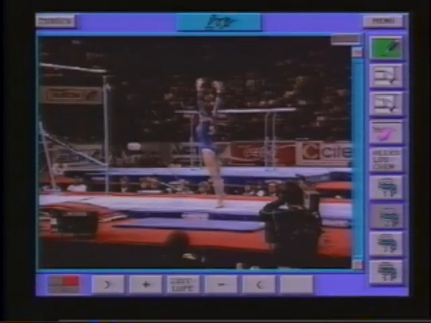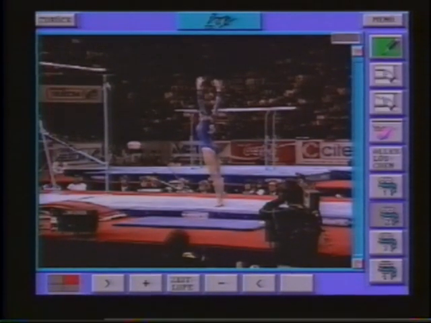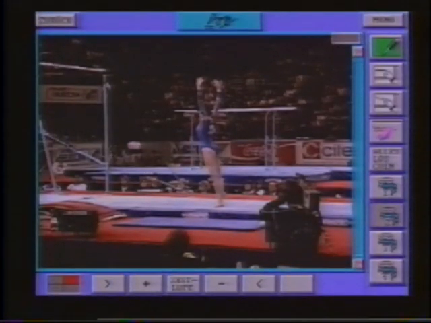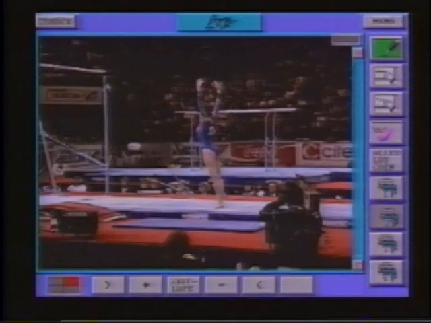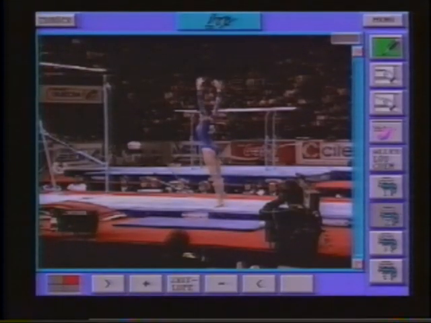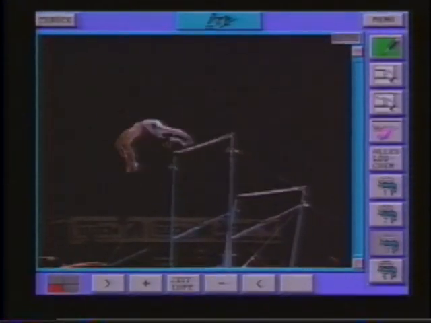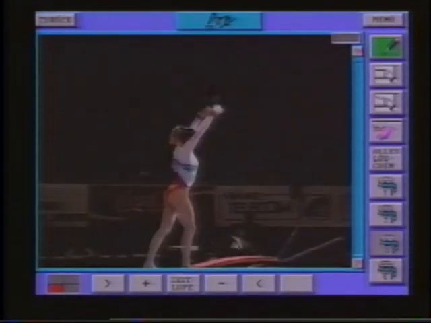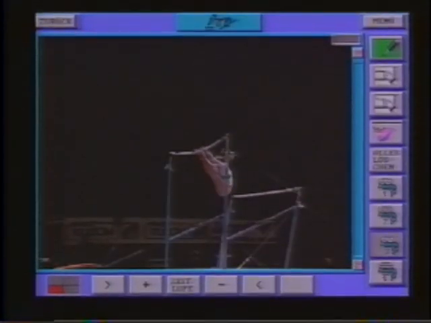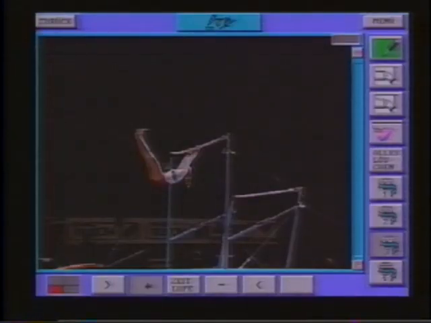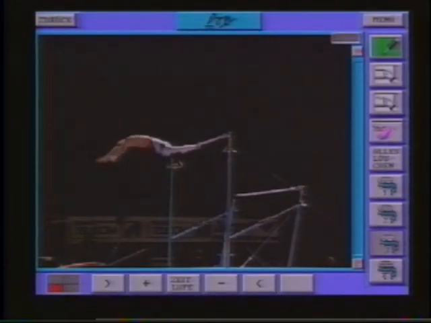Same element with smaller height of flight, minus 0.05, slightly opened legs and small hop, minus 0.1, in total up to minus 0.15. Underswing, salto forward tucked with half turn, C. Flatter flight, minus 0.05 to 0.1.